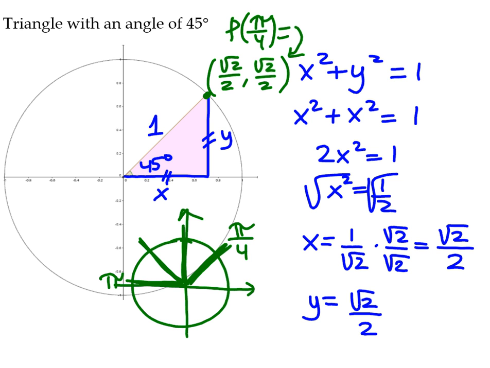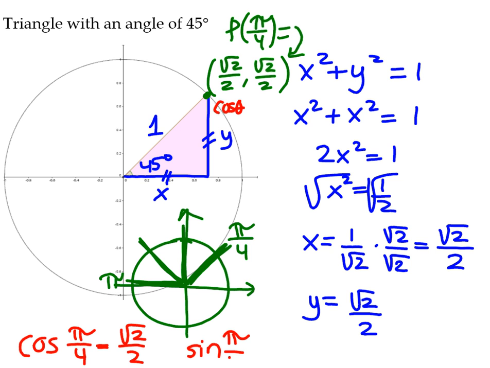So if I was asking you, what is cosine of pi over 4, what do you have to do? Cosine was always the first value in our coordinate. So that means that here cosine of pi over 4 is square root of 2 over 2. Sine would be the second coordinate, so also square root of 2 over 2.